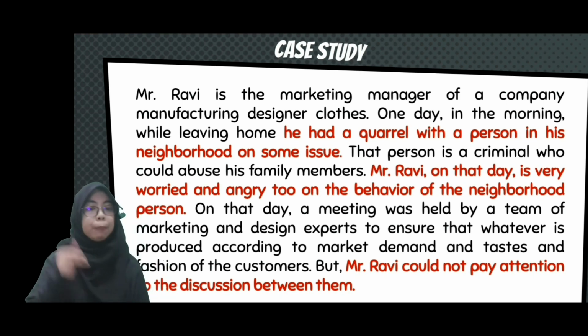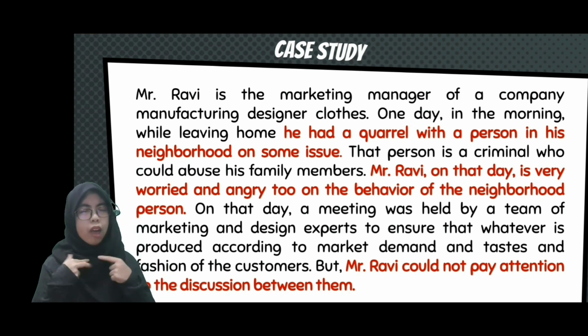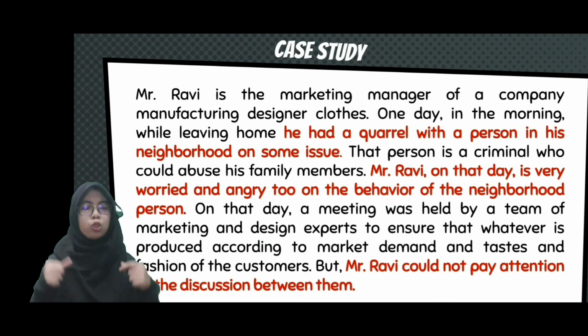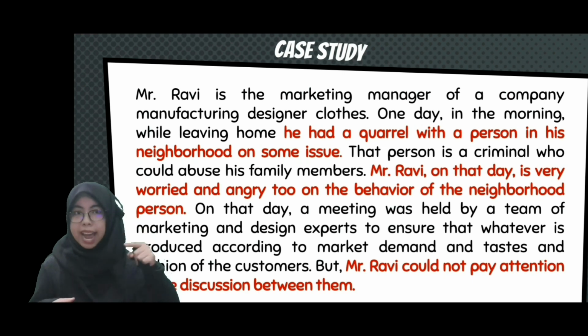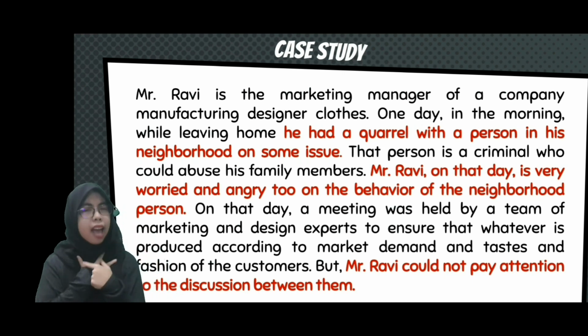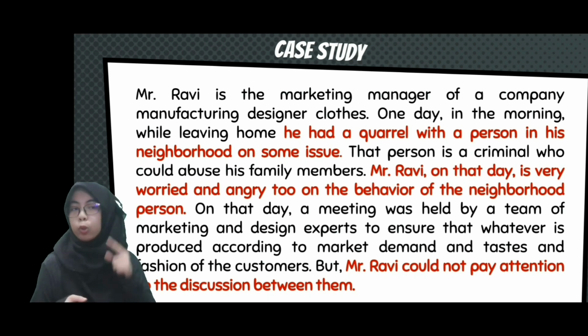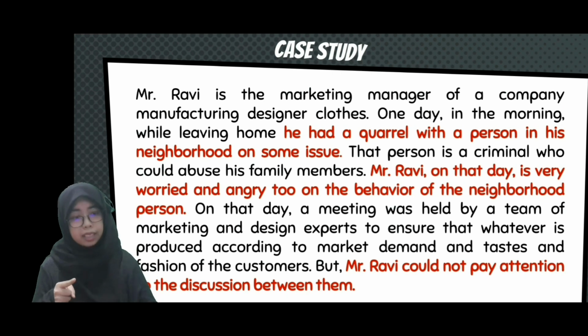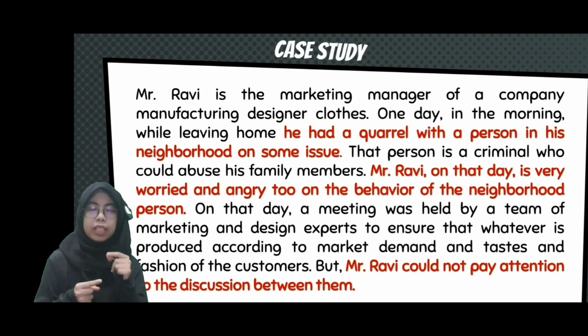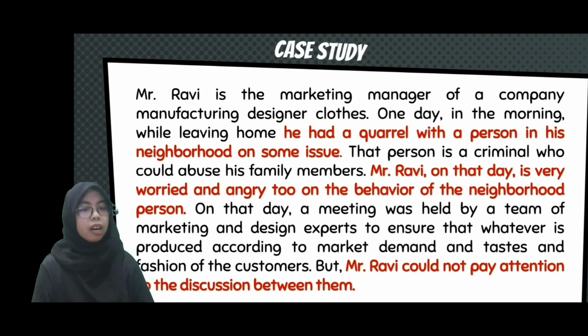Mr. Ravi on that day is very worried and angry on the behavior of the neighborhood person. On that day, a meeting was held by a team of marketing and design experts to ensure that whatever is produced is according to market demand and the taste and fashion of the customer. But Mr. Ravi could not pay attention to the discussion between them.